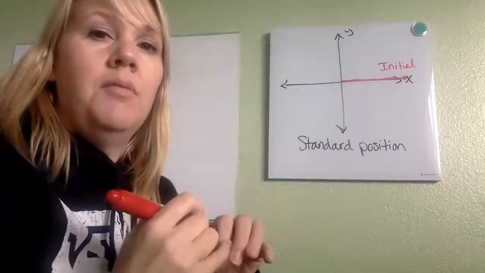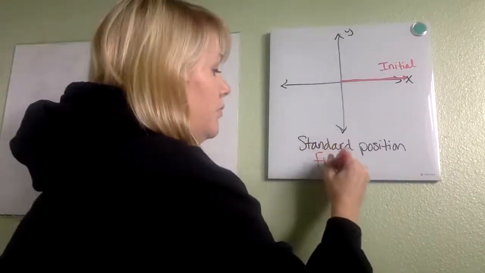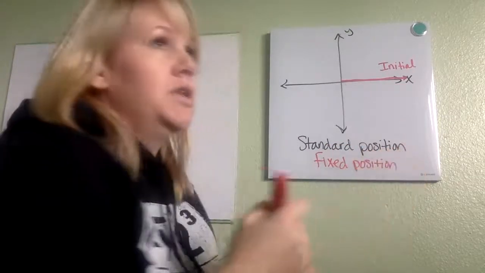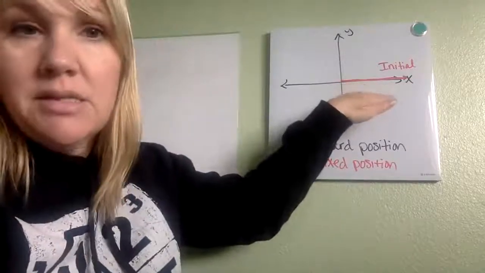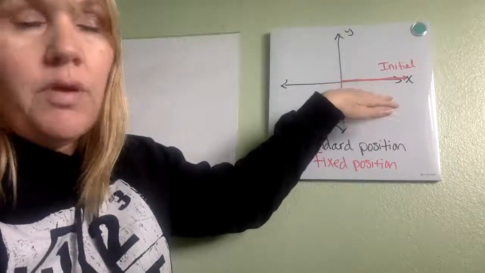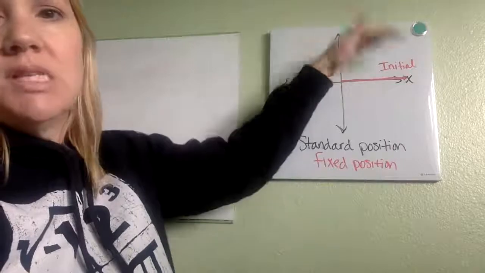Think of it as fixed. It's a fixed position. Think of it as being glued to the positive x-axis. That initial side is stuck there, does not move. Think of the other side of the angle swinging open like a spinner.